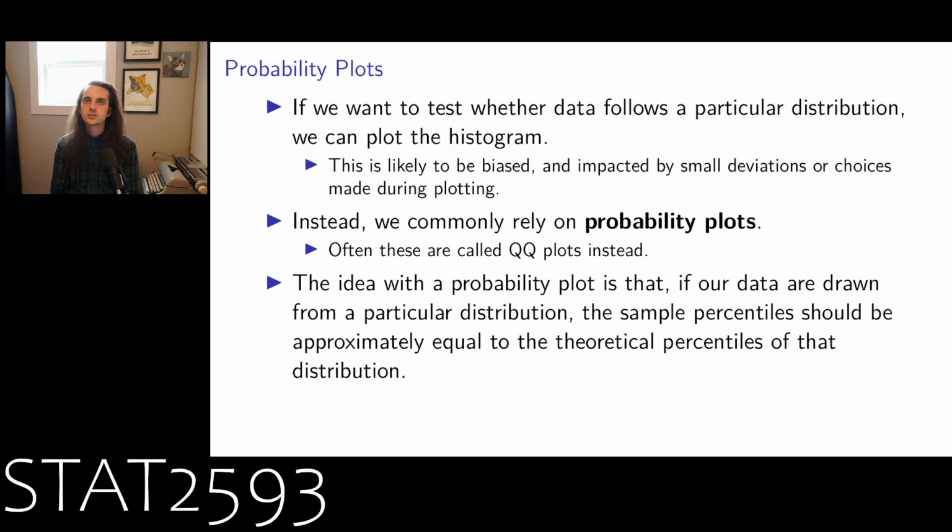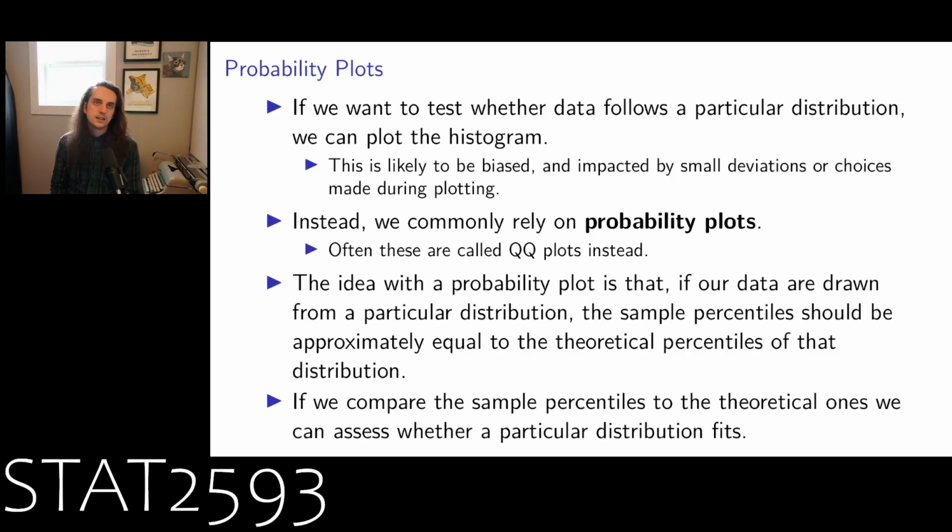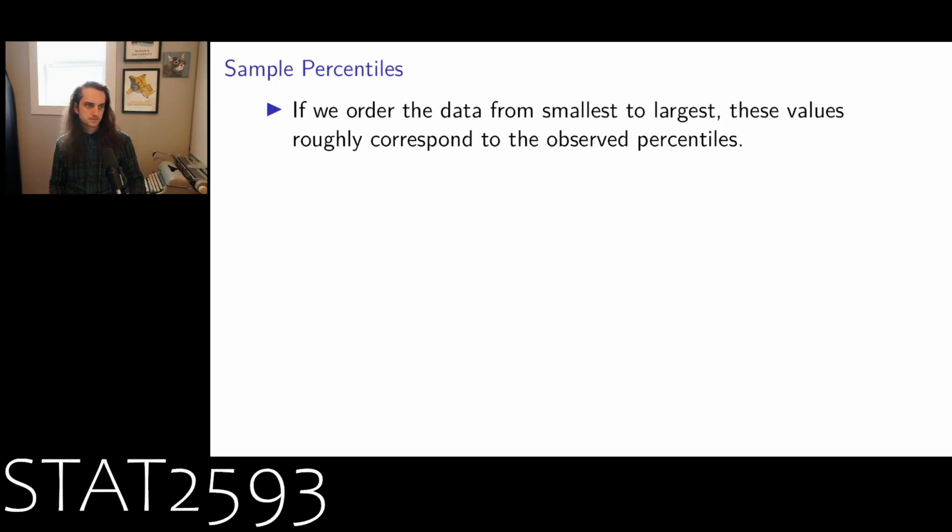So if you're actually selecting data from a normal distribution, then if you were to compute the theoretical percentiles for this normal distribution, those should be observed inside of your data as well. So the basic process that we're going through here is that if we compare the sample percentiles to the theoretical ones, we can assess: does it look like this theoretical distribution fits the data well?